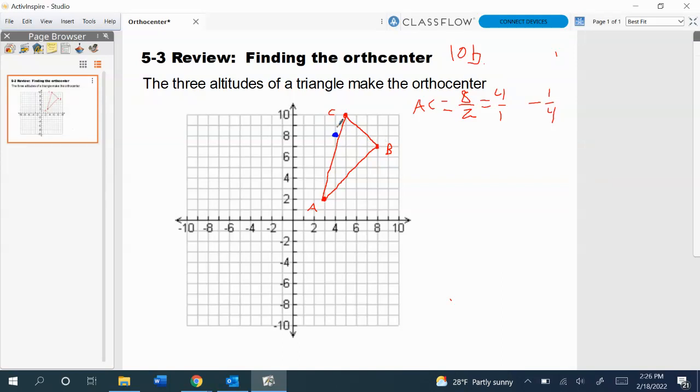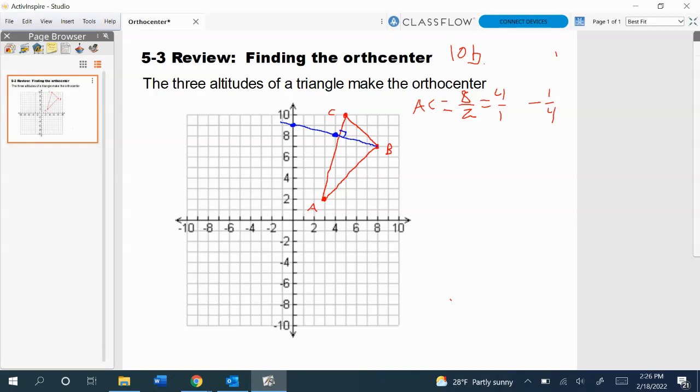I can do that again, up 1, over 1, 2, 3, 4. Now I have a couple points, and I can connect them with a straight line. That is our first altitude of that triangle. Notice this altitude is making a 90-degree angle with side AC. So there's altitude number 1.